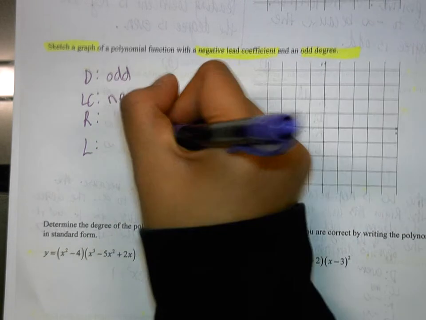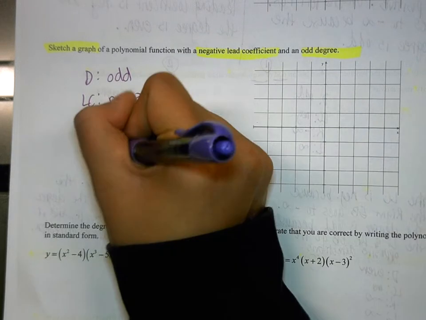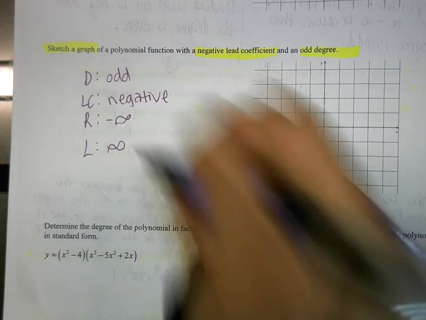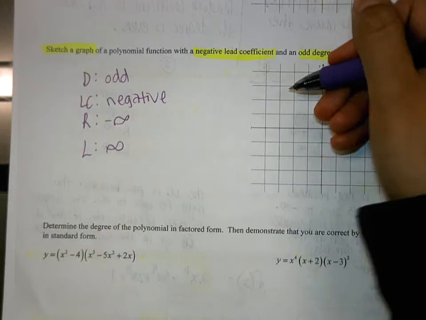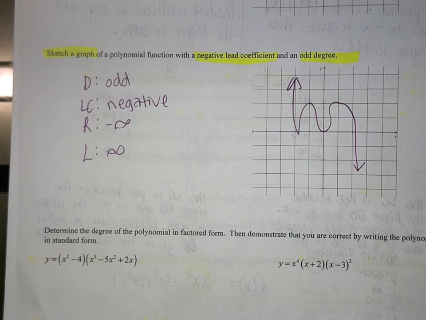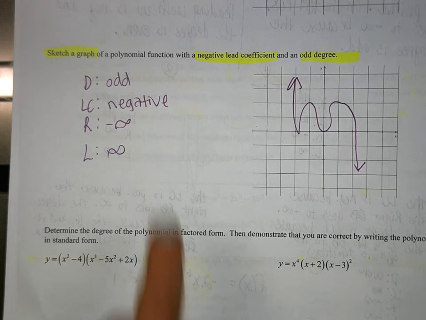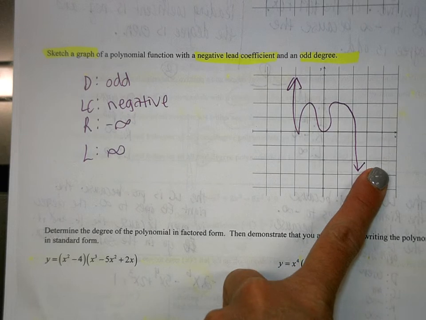Good. And since it's odd, it's going to be the opposite of the right. Perfect. And again, it could be anything in between as long as on the left it's positive infinity, and on the right it's negative infinity. Yeah, you get candy.